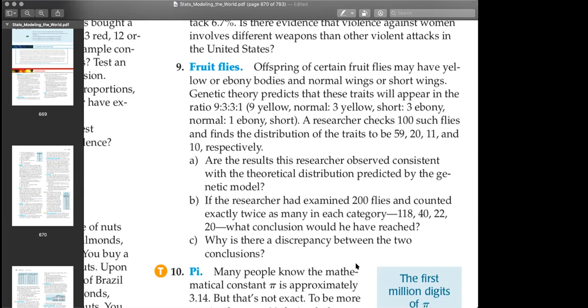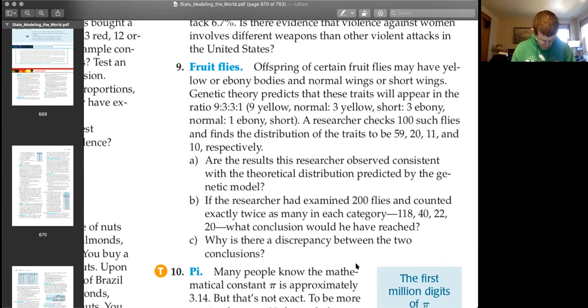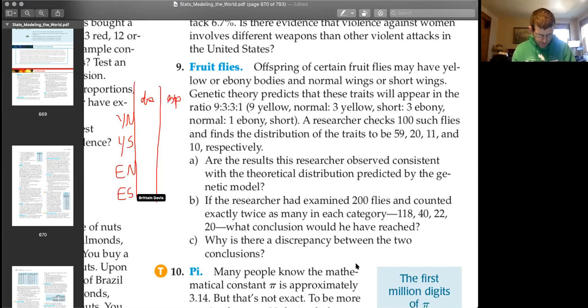I got yellow normal, yellow short, ebony normal, ebony short. So I'm going to put observed up here, and I'll put expected in once we figure that out. The observed values are given. So I've got 59, 20, 11 and 10.